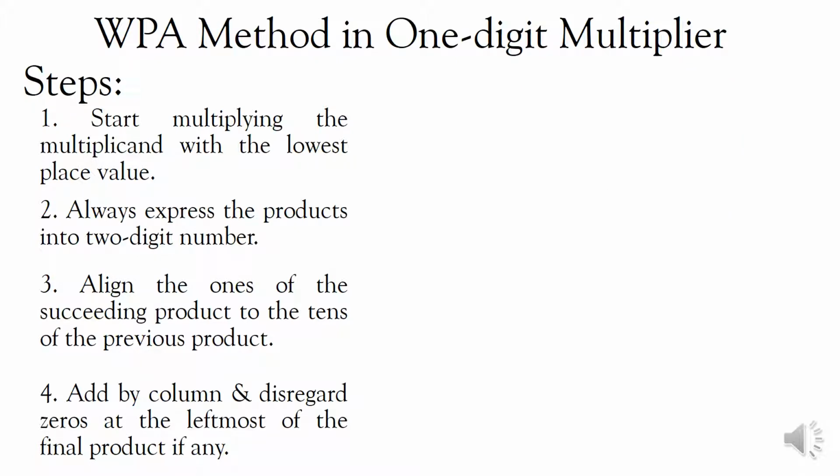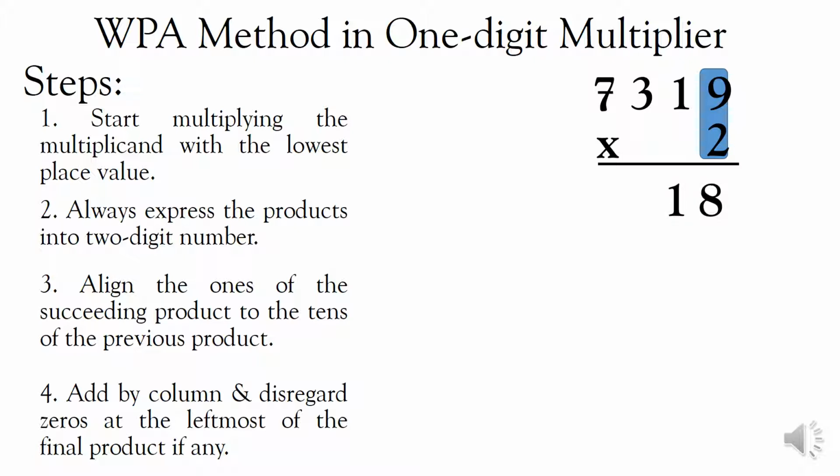Let us proceed to the next example. We will be multiplying 7,319 by 2. So we will start multiplying 2 by 9. That will give us 18. Next to be multiplied by 2 is 1, which gives us 02, aligning the 2 to 1.